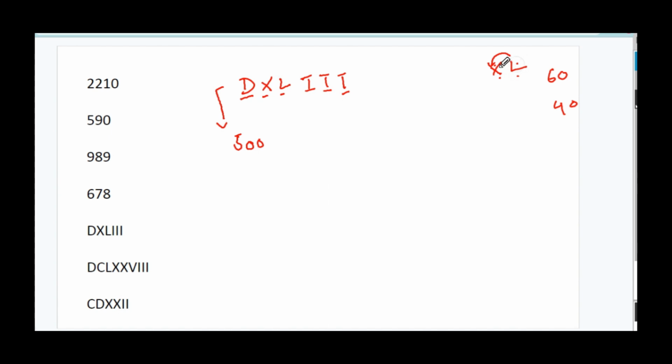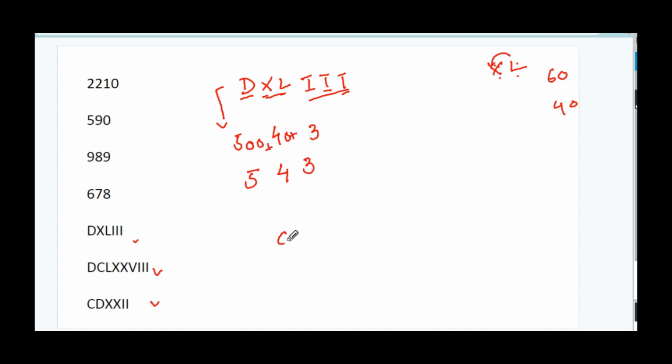So it is 50 minus 10, it's going to give you 40, right? So here 3 ones will give you 3, so now we can add them. So it will give us 543. Okay, so in this way you can solve all of your questions.